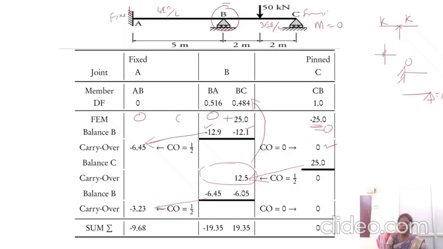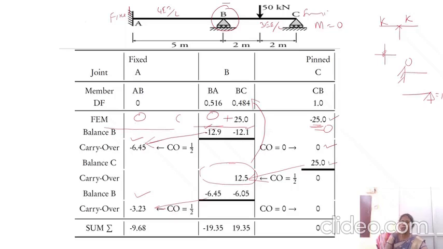If you add these values, what are the values? 12.9, here we are doing the balance. So 12.9 plus 6.45 is minus 19.35, and 12.5 minus 6.05 is equal to 19.35, and these two values to be added, totally minus 9.68 at joint A. Here we have balanced this minus 25 with the plus 25, so if you add these two values, it will become 0.